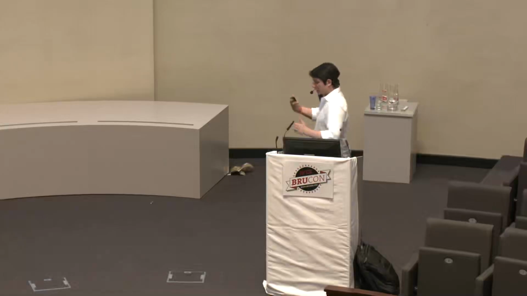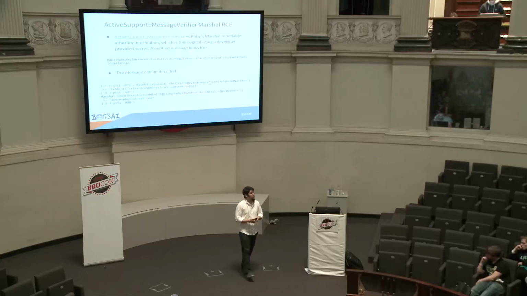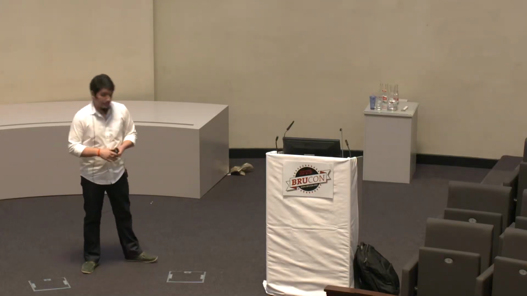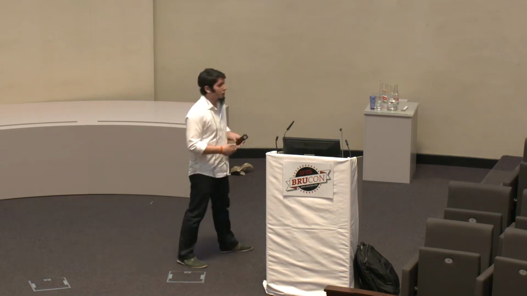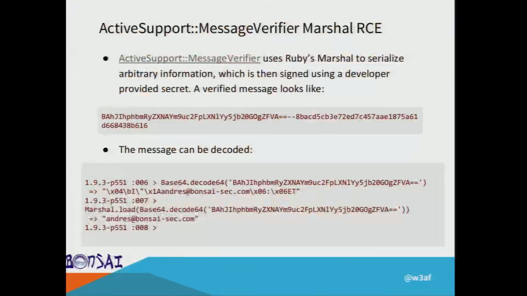One of the cool features of message verifier is that you can sign and serialize, or marshal, any object. So if you have, for example, an array, an object, almost anything in Ruby, you can serialize it, sign it, and send it over the wire. The serialization process is done using the Marshal module for Ruby.